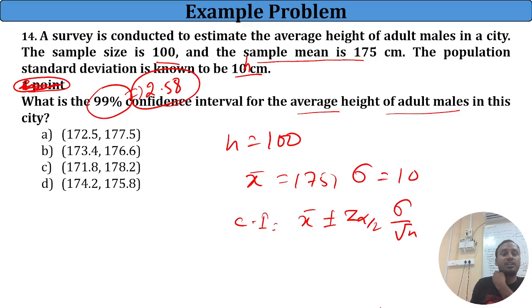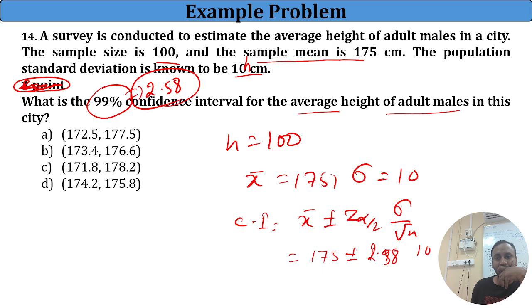So what is the answer actually? Tell me. If you calculate, x bar is how much? 175 plus minus 1.9. No, no, not 1.9, 2.58.